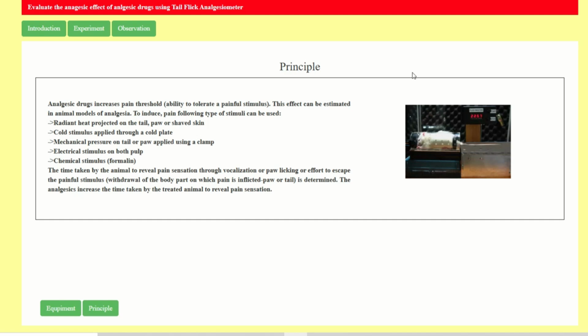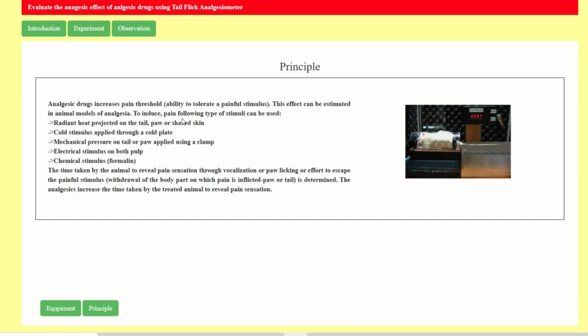It increases the pain threshold. Suppose you administered an analgesic drug and accidentally touched some hot object. At that time you feel less pain, or you can bear that pain with the analgesic, and this effect can be estimated in an animal model of analgesia.